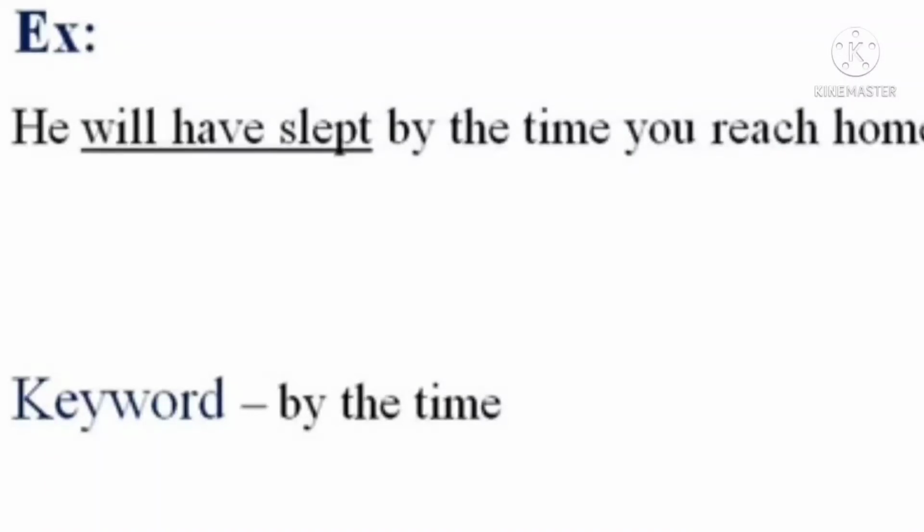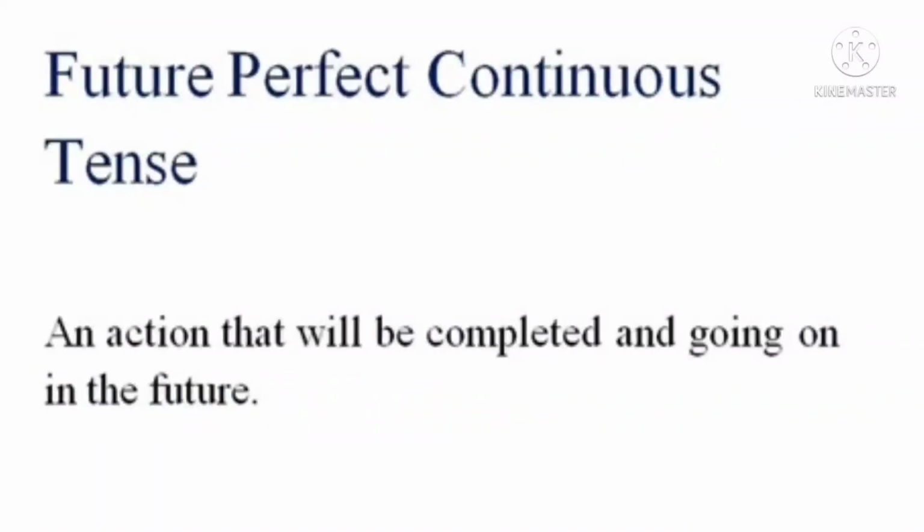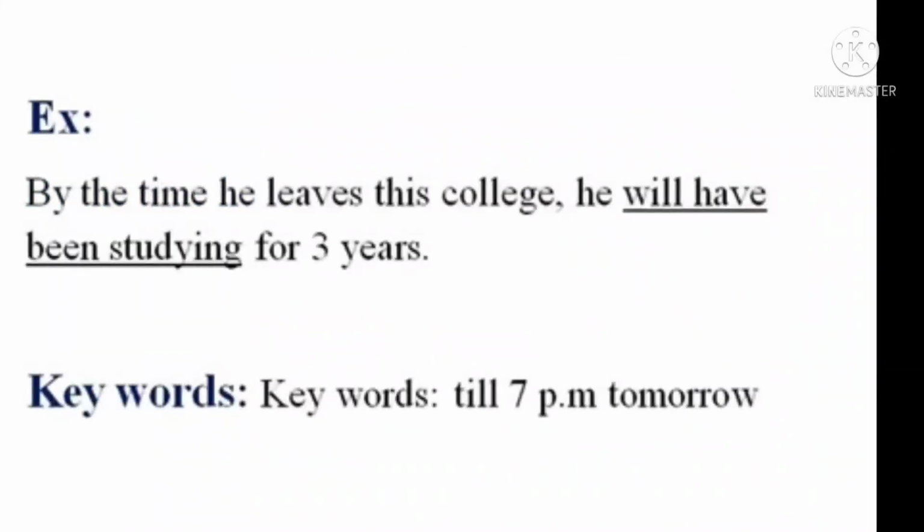Next, future perfect continuous tense, an action that will be completed and is going on in the future. Shall or will plus have been plus the verb with ing. By the time he leaves this college, he will have been studying for 3 years.